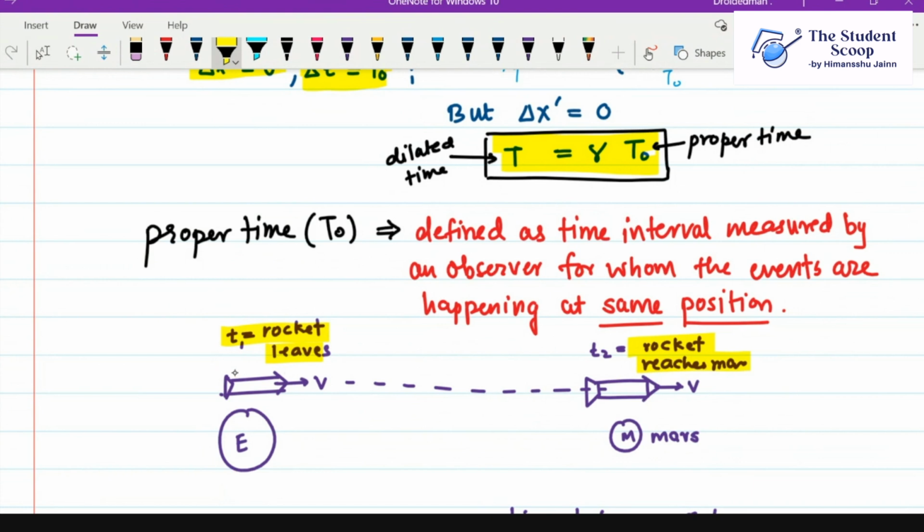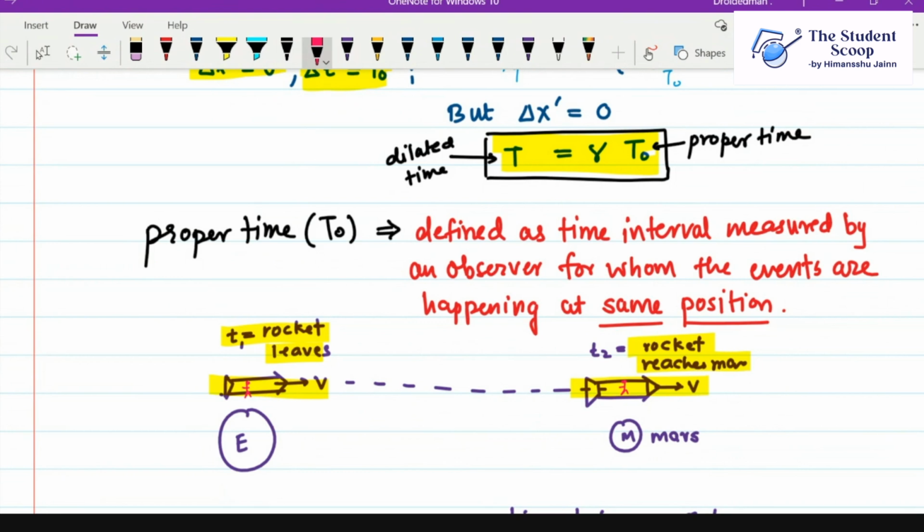The person in the rocket will measure a proper time, because along with the rocket, the scale of the person is also moving, so he won't be able to recognize any difference in his distance or scale. He will say, I'm in the same place, Earth went past by me and Mars went past by me, and I just remained stationary.